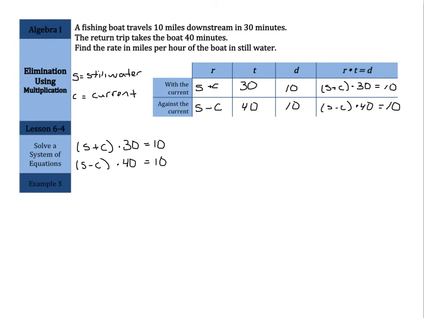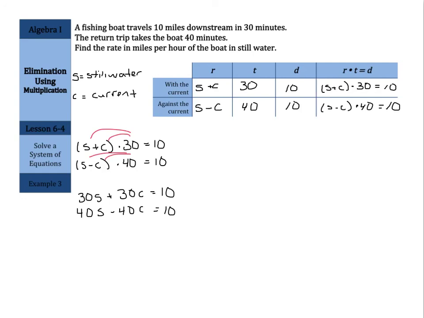Now let's go ahead and use the distributive property here. It's almost like backwards distributive, or distributing to the left. We would have 30s plus 30c equals 10, and 40s minus 40c equals 10.